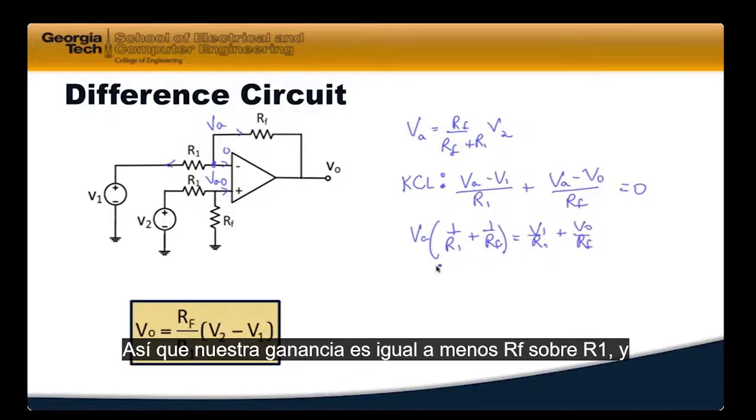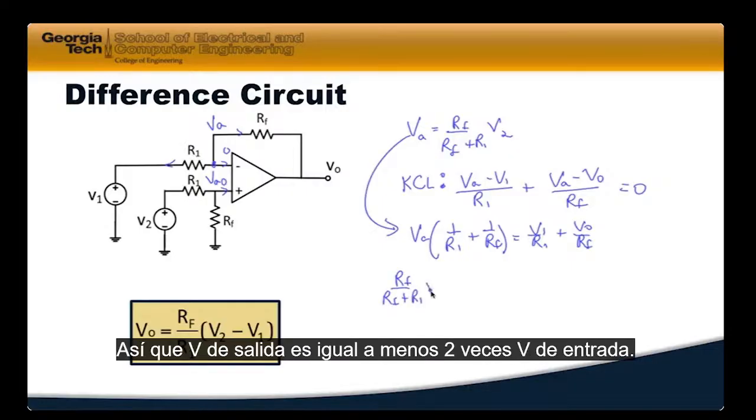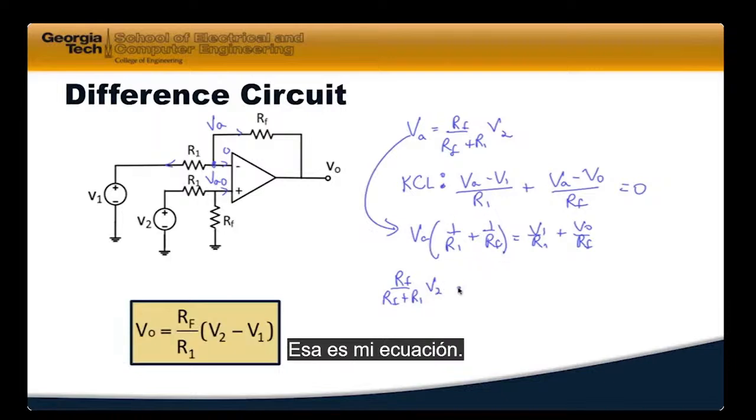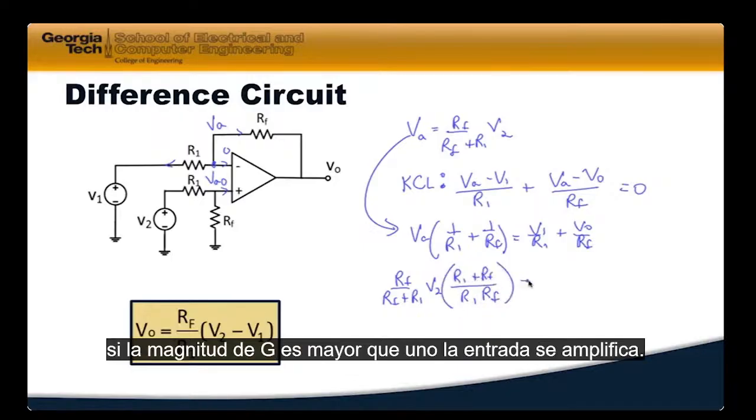I'm going to substitute in right here for the VA: RF over RF plus R1 times V2. And for this term, I'm going to combine my denominator terms, find a common denominator, and I'll have R1 plus RF over the product is equal to the right-hand side.